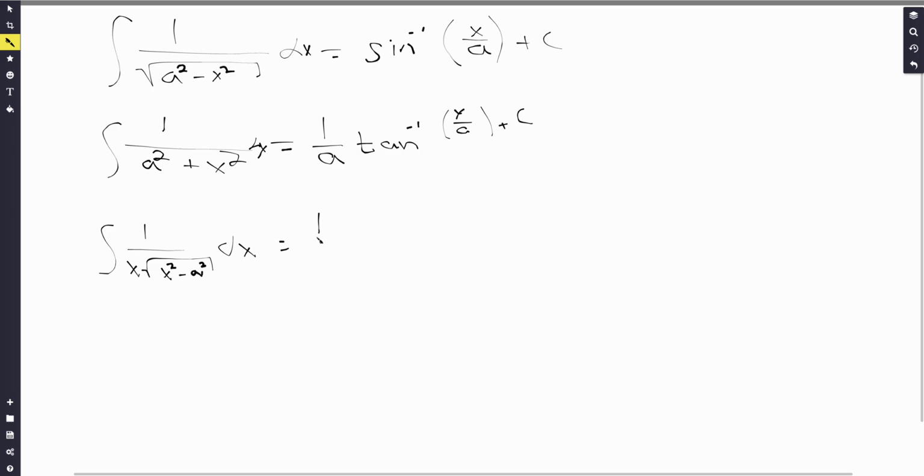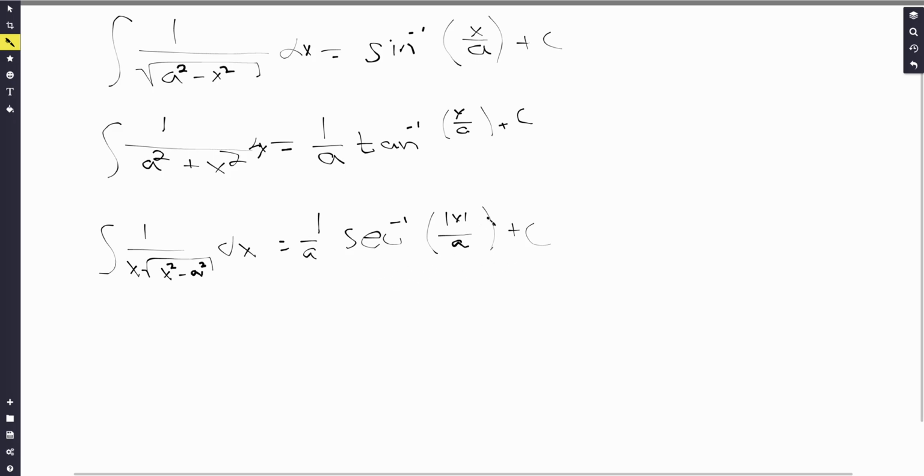This is equal to 1 over a inverse secant of the absolute value of x over a plus c. Okay, these are the integration formulas for inverse trig that you guys should know.